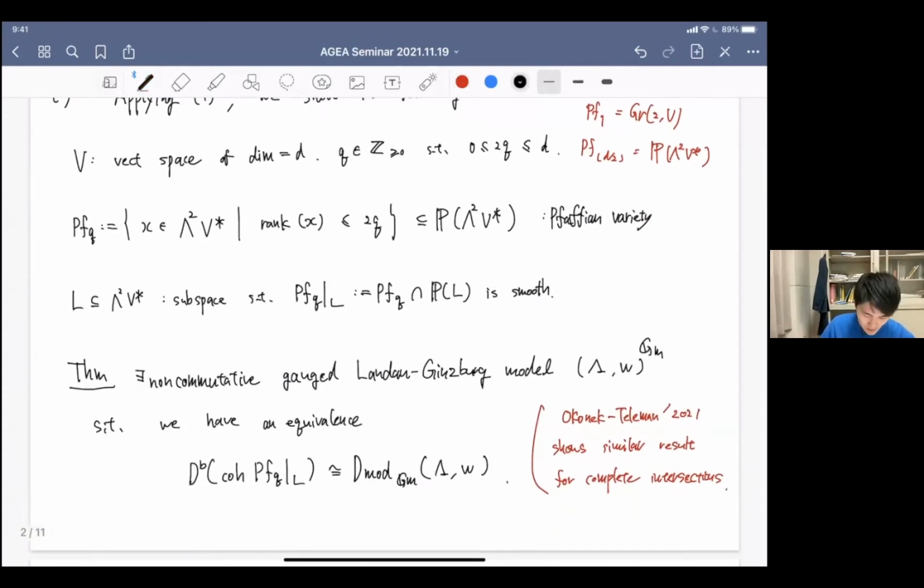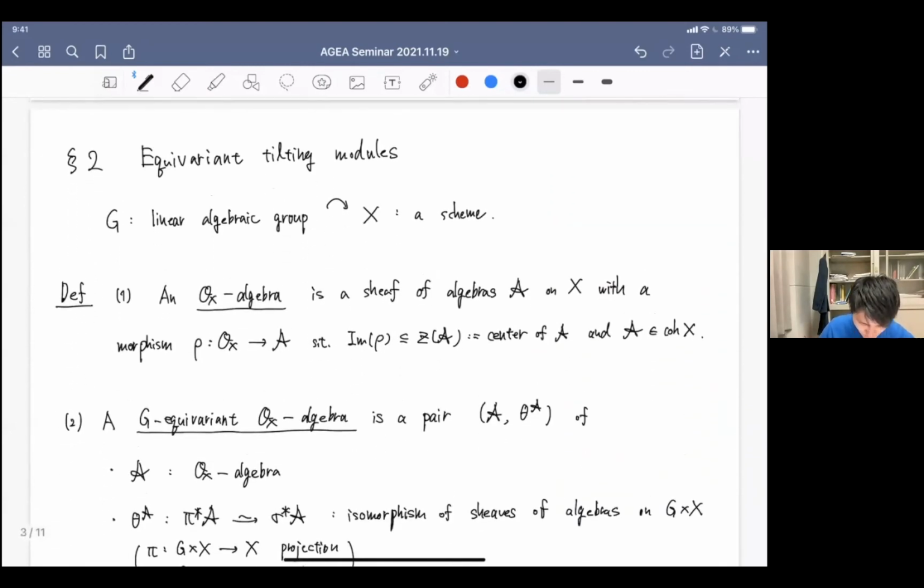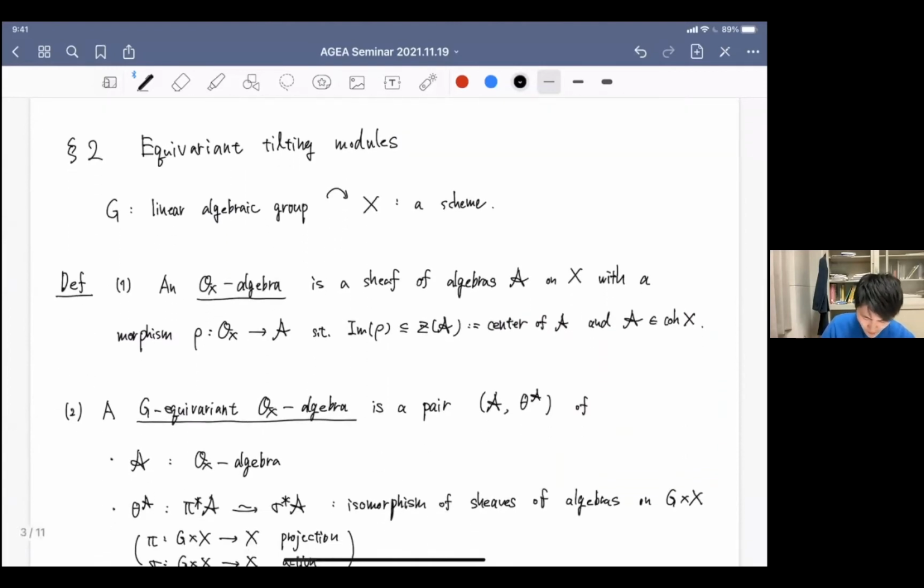So next, I will recall some elementary definitions. First, I will recall the notions of equivariant algebra and equivariant modules.